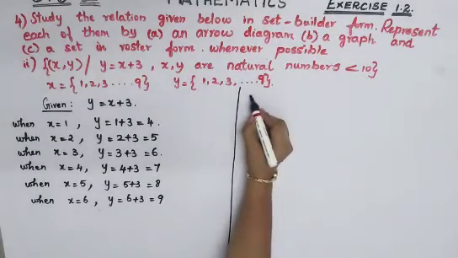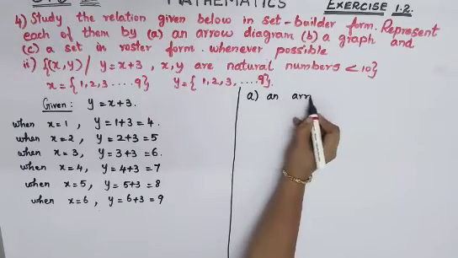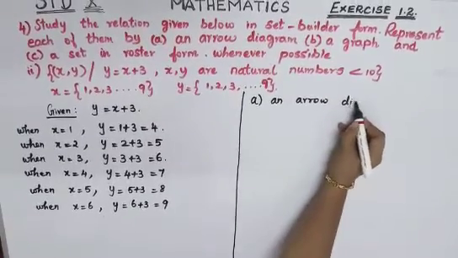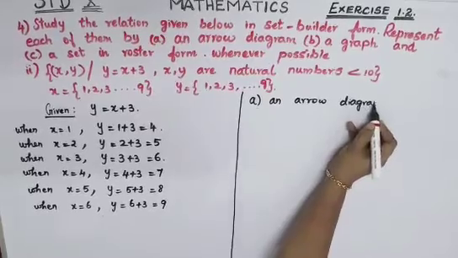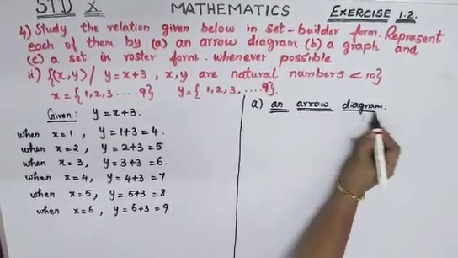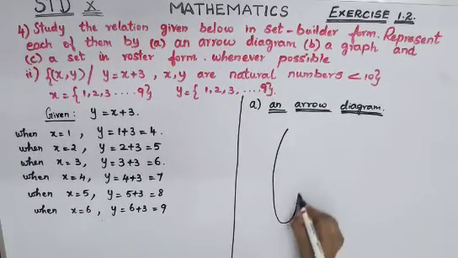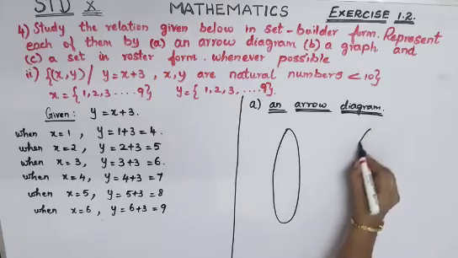First subdivision, an arrow diagram you will have to draw. Just draw an elliptical figure.